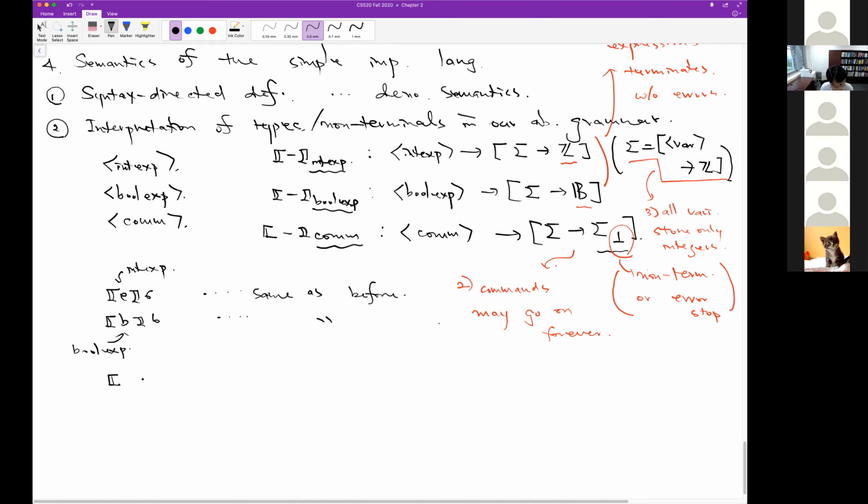Now, the interesting bit in this specific case is the interpretation of a command. That is not something that we did before. Because it's a syntax-directed definition, we do case analysis.